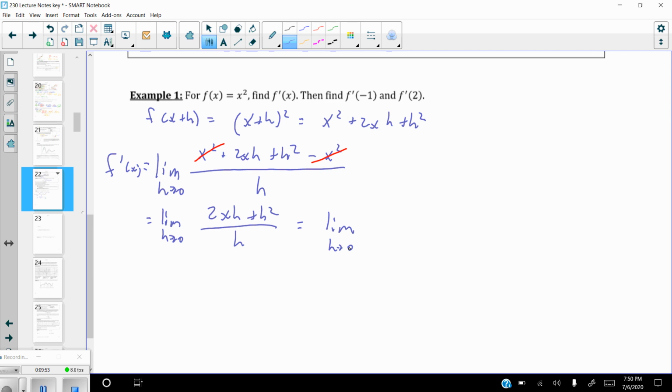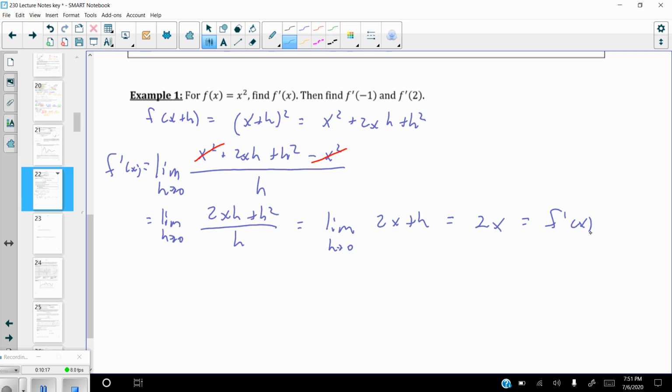So we have to divide the h out of every term, and when we do that, we get 2x plus h, technically over 1. We don't need to write the over 1. Now we're in a position where we can actually evaluate the limit. I can plug 0 in for h now, and we're left with 2x. That is f prime of x.